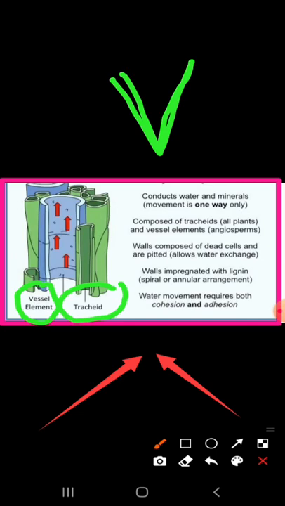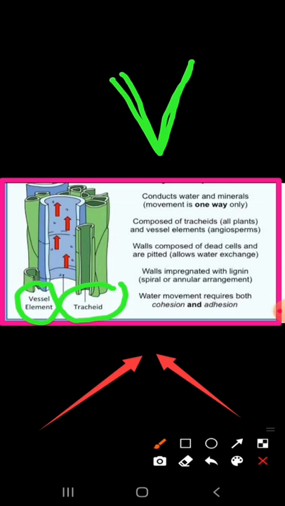Then comes the third type of cell, that is xylem fibers, or you can just say fibers. The main function of the fibers is to provide strength to the tissue, and they also lack living protoplasm at maturity.